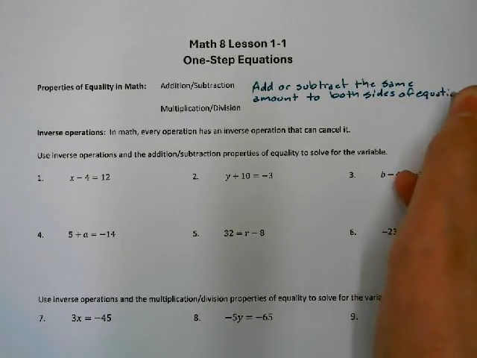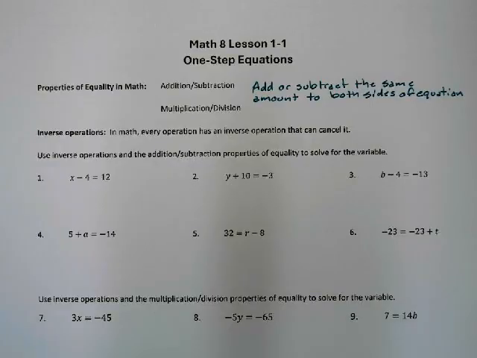An equation is kind of like a balance that's sitting there. If you do something to one side of the balance, to balance the whole thing out, you have to do it to the other side as well. So you can add the same amount or subtract the same amount, as long as you do it to both sides of the equation. In math, that is perfectly fine.